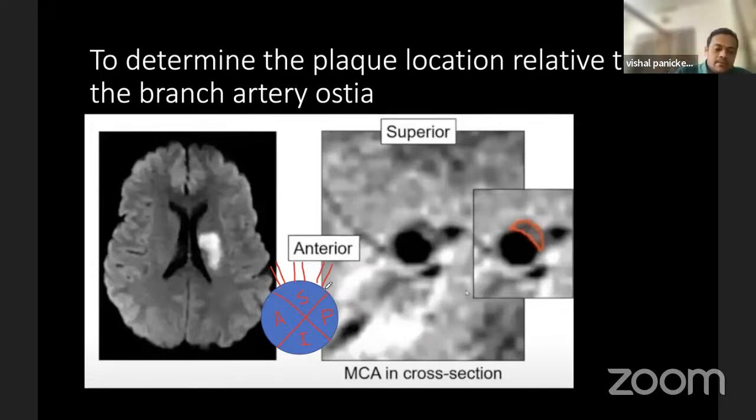And also, if the patient was planned for any stenting, this imaging finding becomes important, because an anteriorly or inferiorly located plaque will not become symptomatic after the stenting, but a superiorly located plaque can dislodge into the lenticulostriate arteries following stenting and may produce worsening of the stroke symptoms.